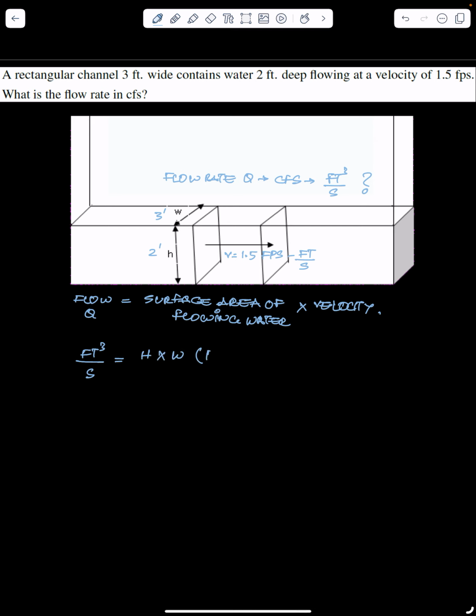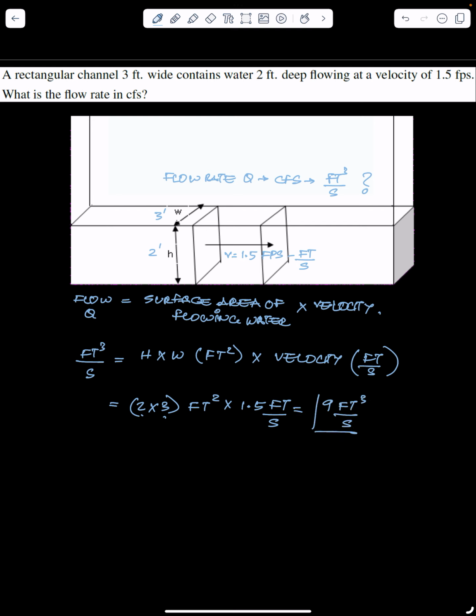Again, this needs to be in square feet multiplied by the velocity, which is going to be in feet per second. So plugging in the values, you get 2 times 3 square, because both of these are in feet. 2 feet times 3 feet, therefore square feet, per second, and that comes to 9 cubic feet per second, which is the answer.